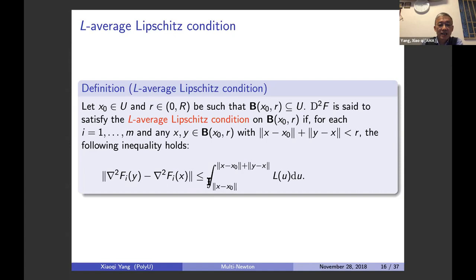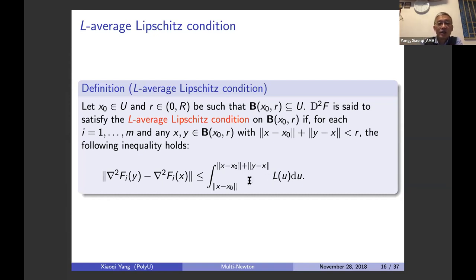This will have an integral here. If the Hessian is Lipschitz, then this L function can be chosen as a constant. But in general, with the L average Lipschitz condition, you might not be able to find a constant, because the L function is not defined on a closed interval but on an open interval, so it might not be bounded.